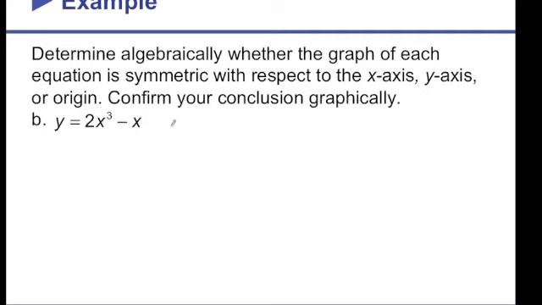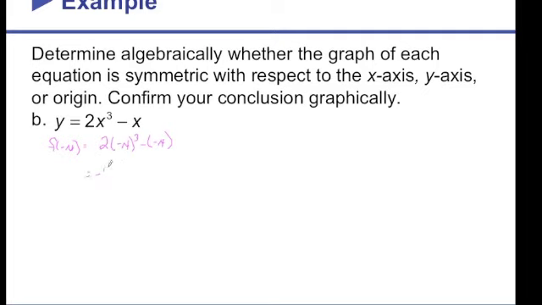Again, we'll check. We will find f of negative x. So 2 times negative x cubed minus negative x. Well, negative x cubed, a negative times a negative times a negative still turns into a negative x cubed.